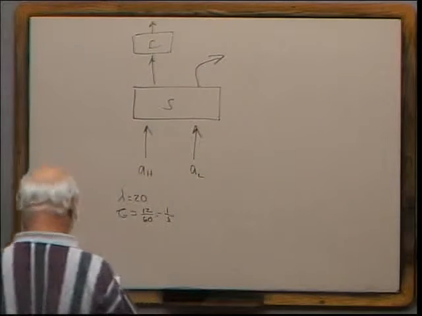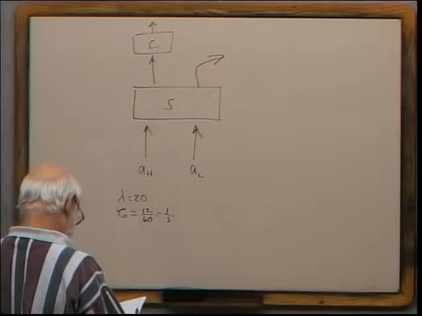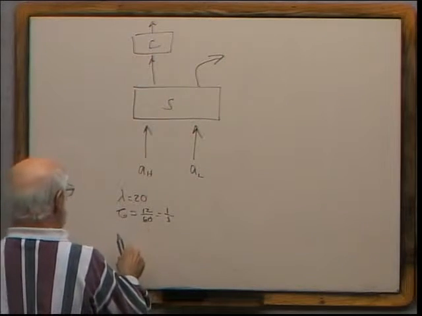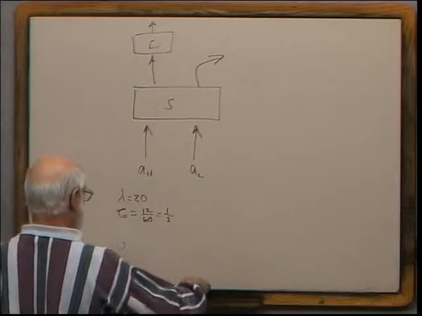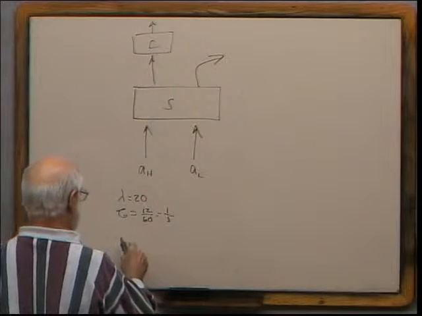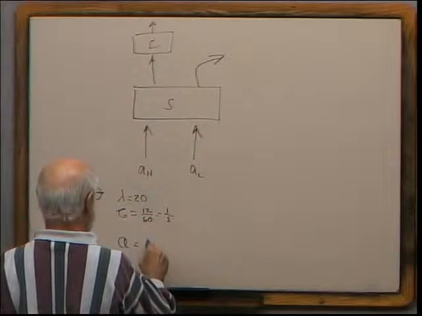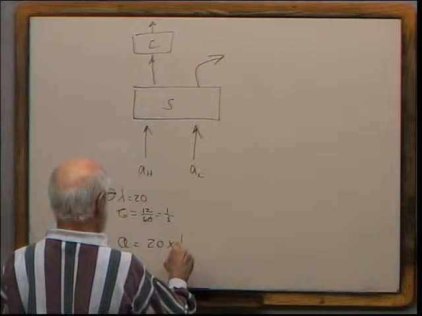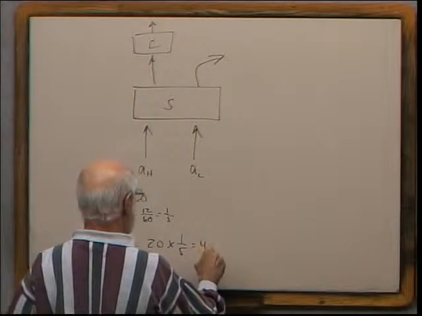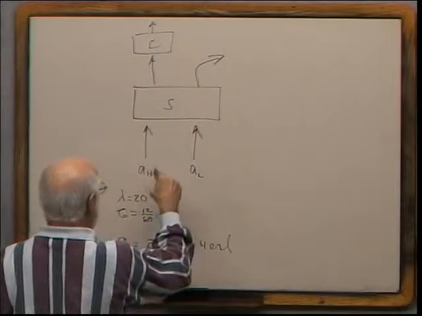Okay, so what this means is that the offered load for the high priority customers is lambda h times tau, so that would be 20 times 1/5, or 4 Erlangs. So AH is 4 Erlangs of traffic.